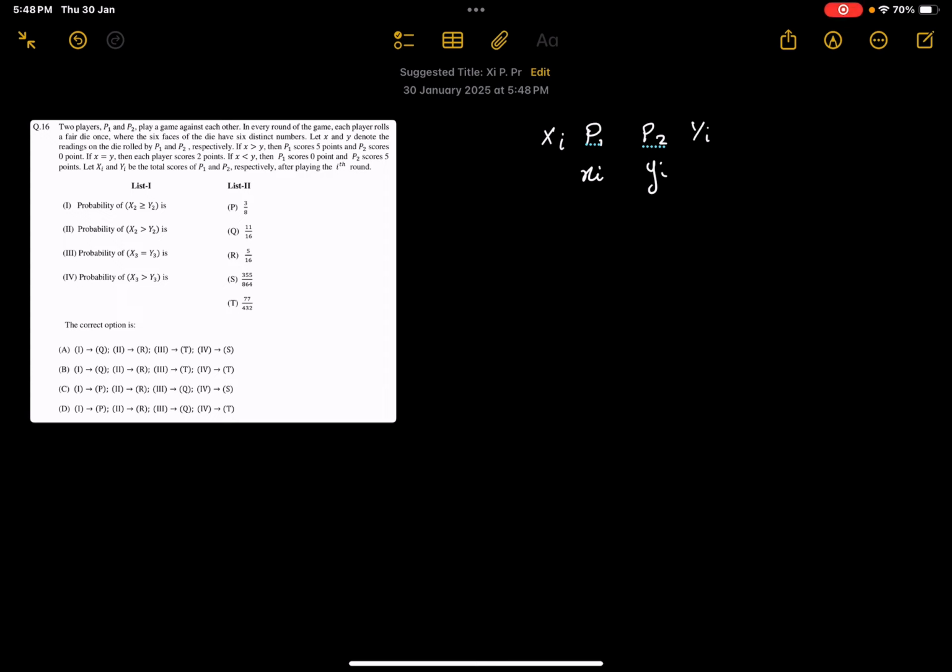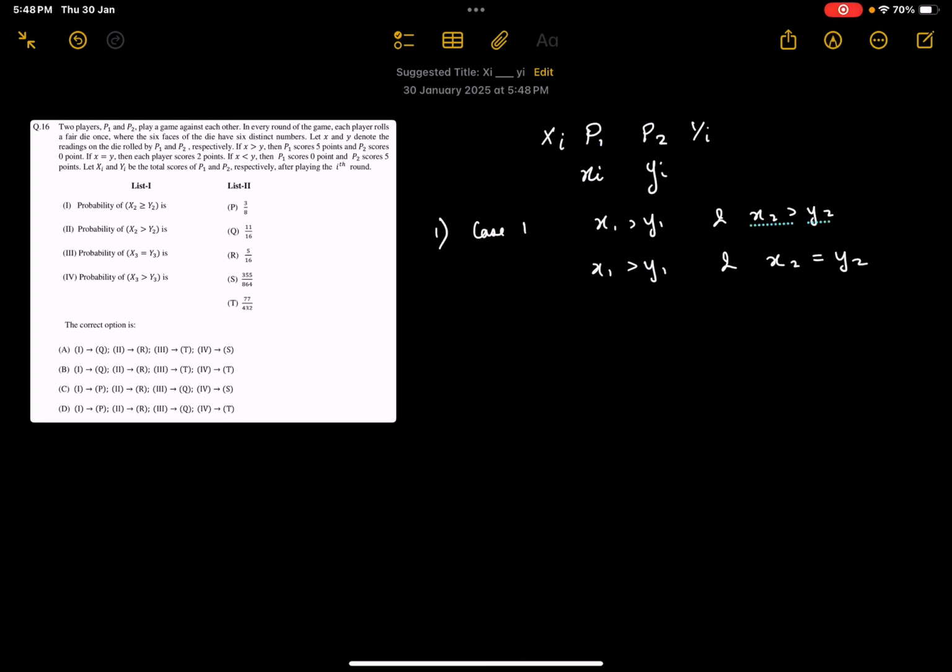So let's break that down into cases. Case 1: x1 greater than y1 and x2 greater than y2. Then we have x1 greater than y1 and x2 equal to y2.